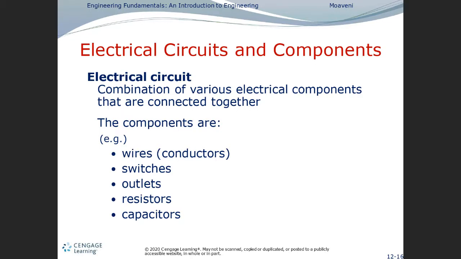But in this course, all you're going to see are wires. You're going to see a voltage, which would be your power supply. You won't see any switches, but you'll just see voltage, wires, and resistors.